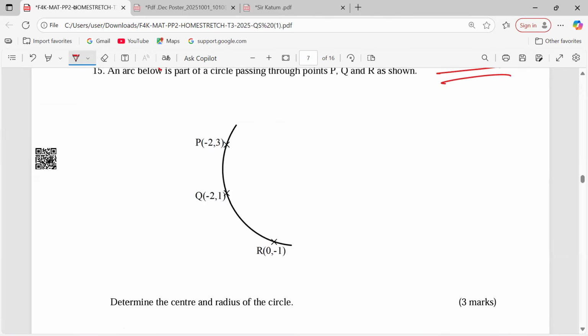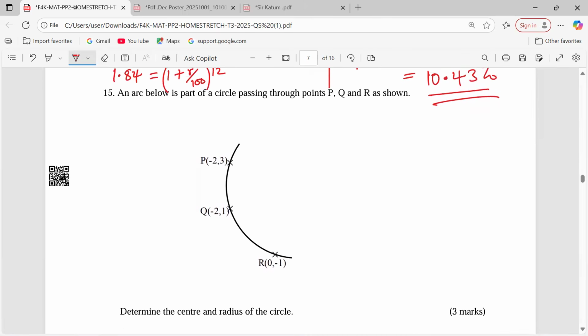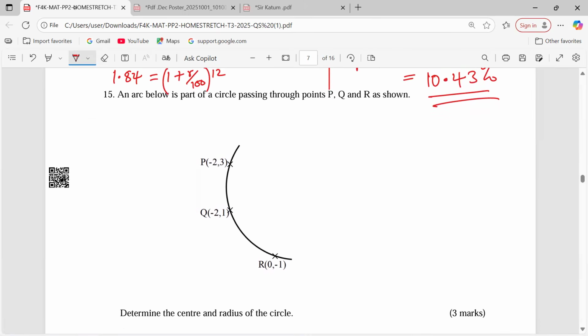When we were constructing a tangent, we said whenever a chord is bisected, it shall pass through the center of the circle. So a chord PQ bisected shall pass through the center of the circle. So when I bisect this one now, I'll pass through the center of the circle.